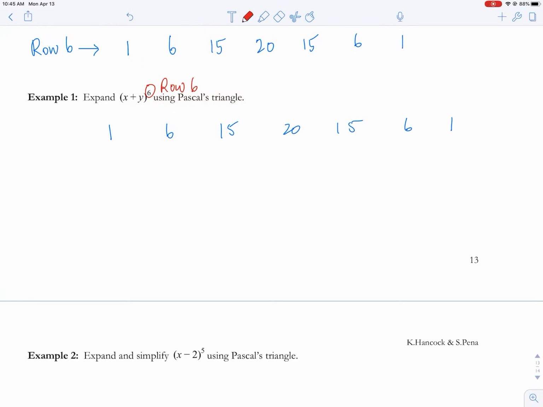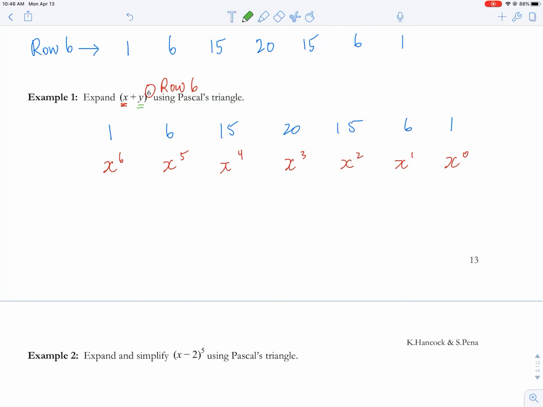Next thing we're going to do is take that first term, which is an x, and write it to the power of 6, 5, 4, 3, 2, 1, and I finish with it at a 0. That's not a 6, that's a 0. And then I'm going to do the same thing, but backwards, with our second term.